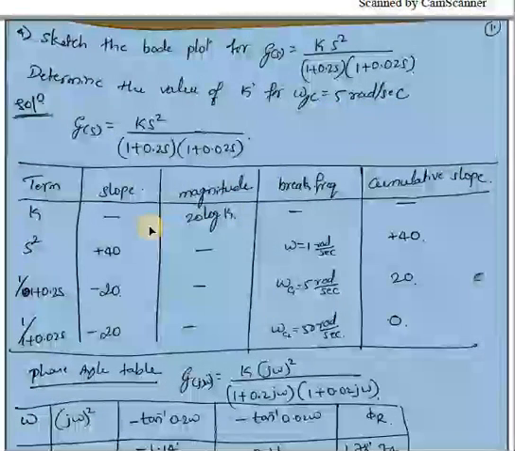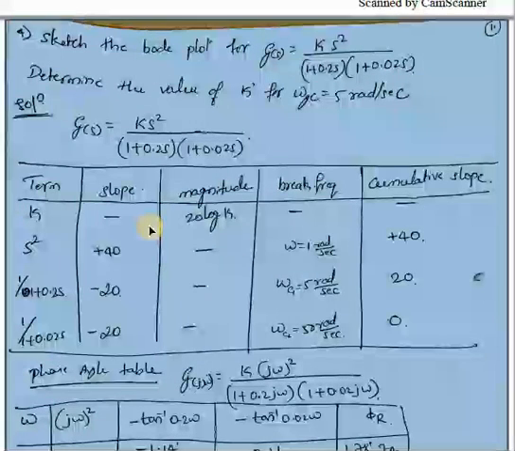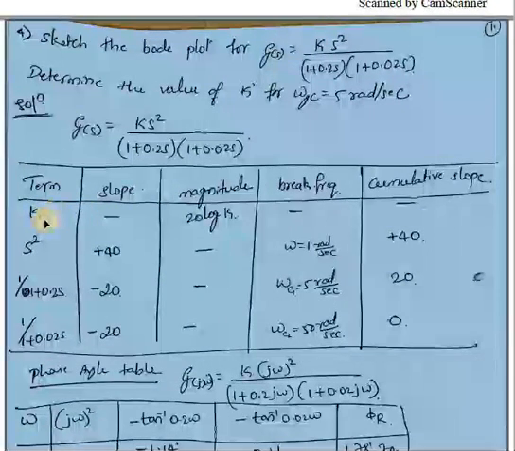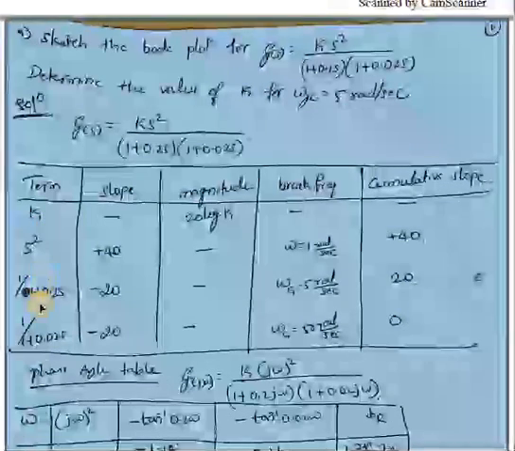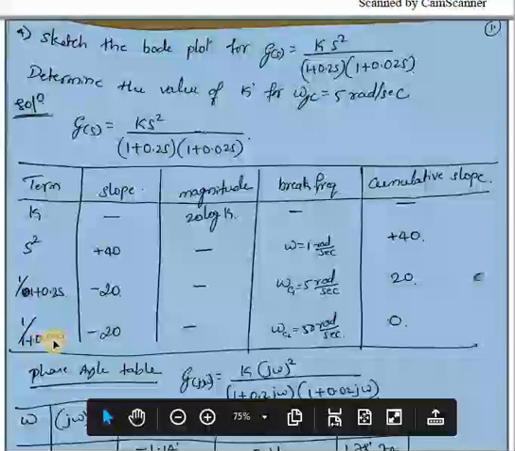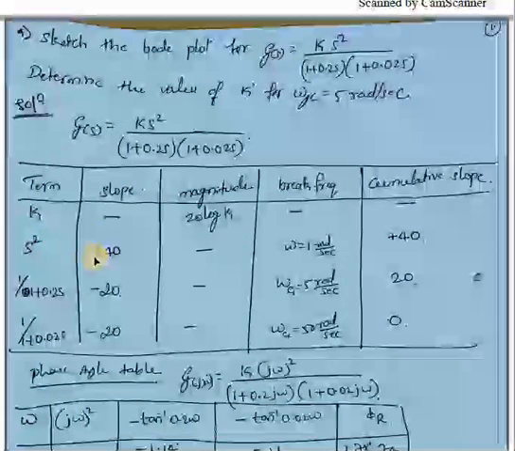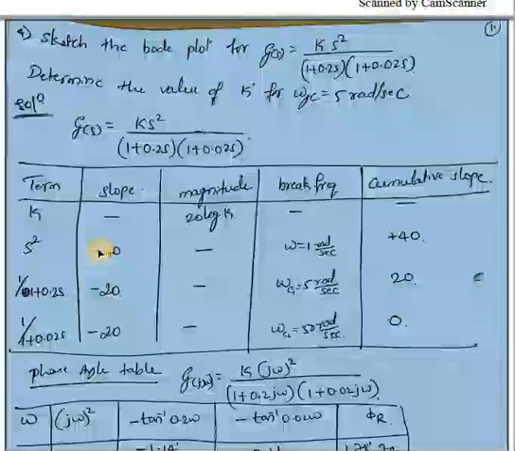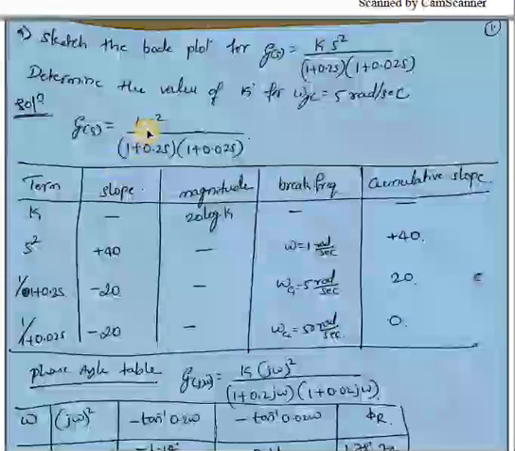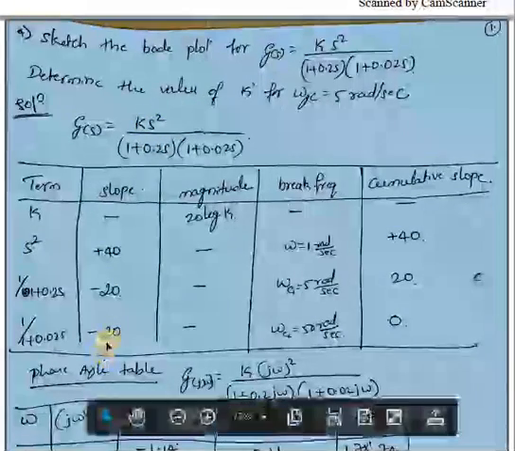In this problem I am directly constructing the table; otherwise you first need to identify those factors. The terms are K s², 1 divided by (1 + 0.2s), and 1 divided by (1 + 0.02s). Since it is s², the slope will be plus 40, plus because it is in the numerator, a zero. For the other two terms it is minus 20 and minus 20.